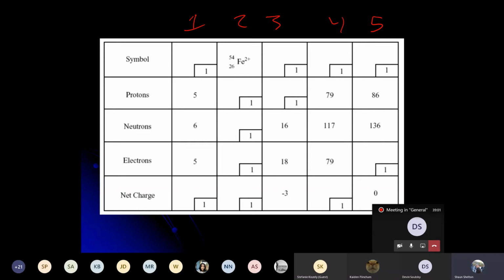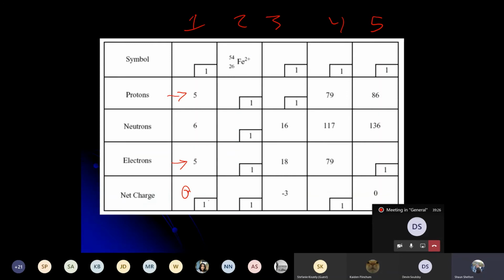To figure out if it has a charge or not, I look at the protons and electrons. Protons are your neutral part. If the electrons differ from the protons, you're going to have a charge. In this case, the protons and electrons are the same, so the net charge is 0. Now, if you're wondering what these ones in the boxes are, this is how many points this box is worth.